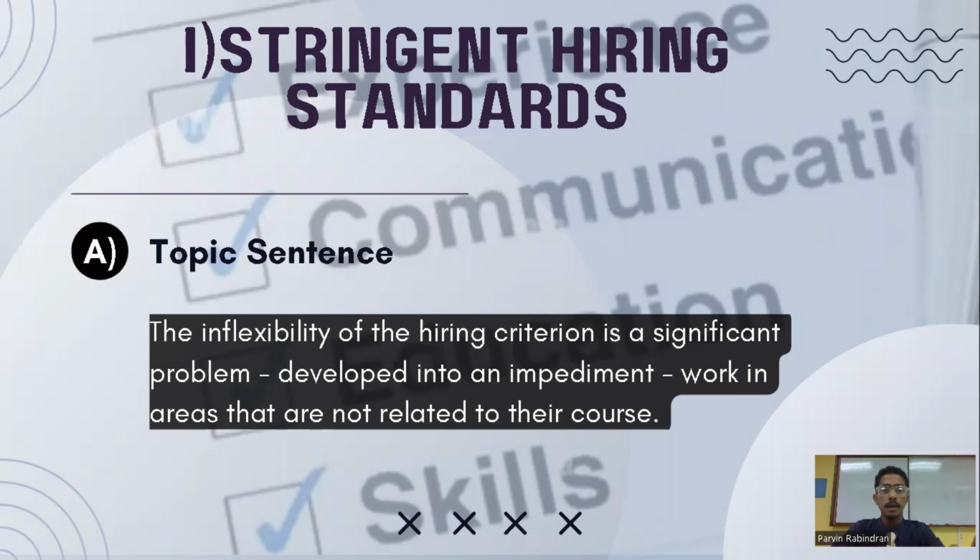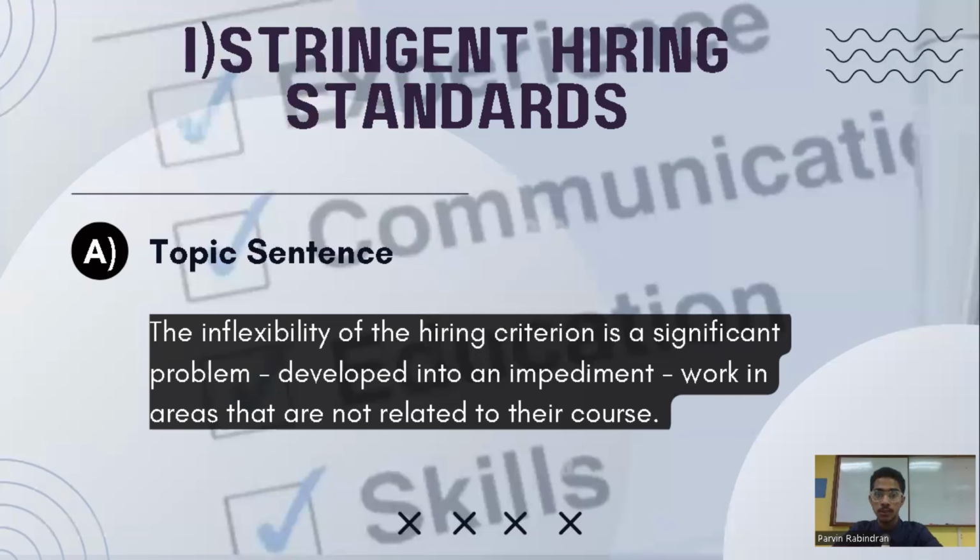As I'm going through the structure of this paragraph, I will also explain the topic in detail. So, based on my findings, companies frequently have stringent hiring standards, and they may be hesitant to hire potential applicants who do not possess a particular degree or previous experience working in that relevant industry.